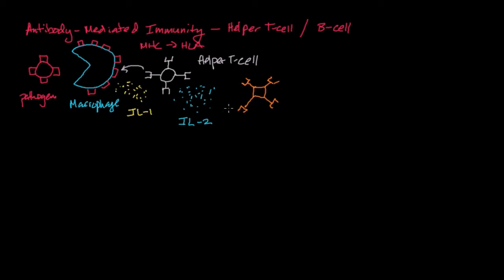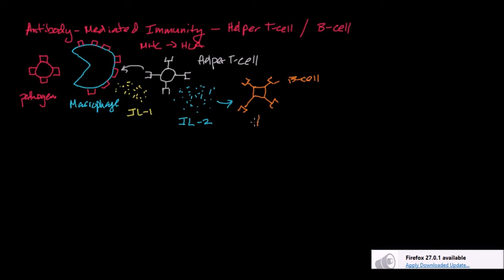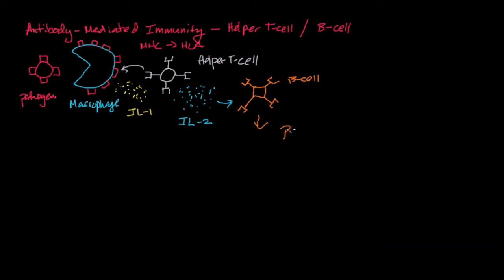So interleukin-2 acts on this B cell and stimulates it to multiply in number. You know this as proliferate. So again, we're going to draw a couple B cells and have them multiply in number.